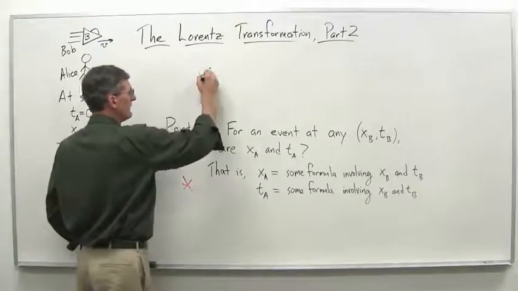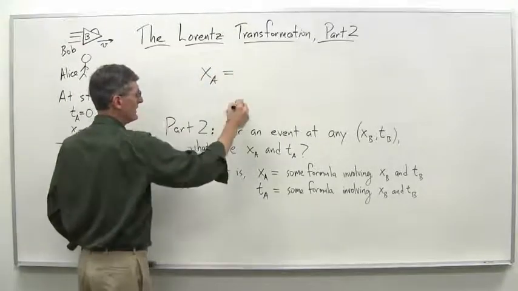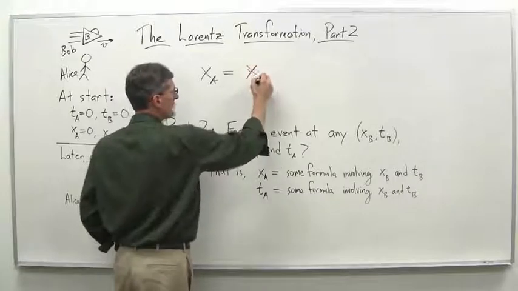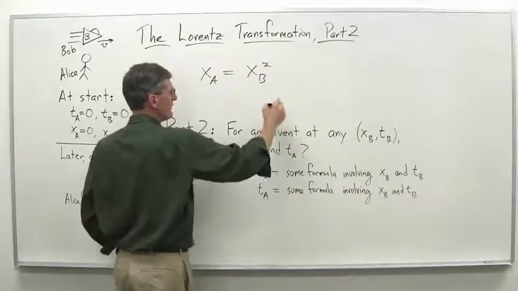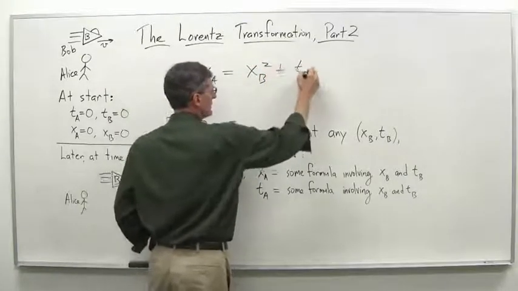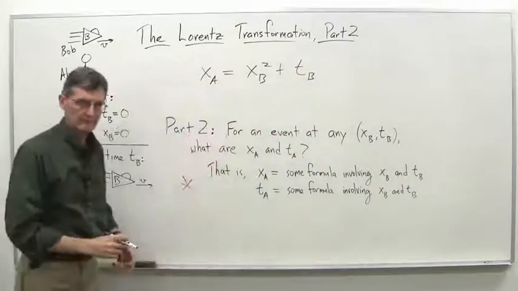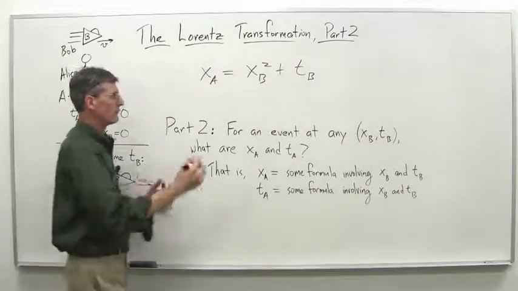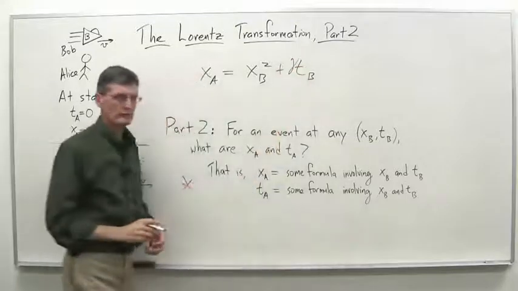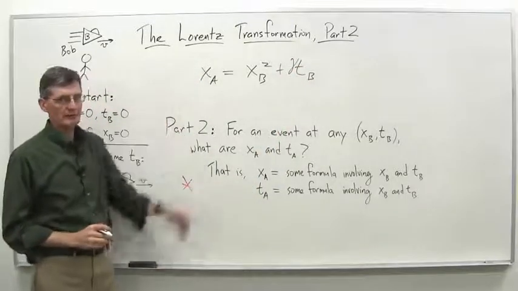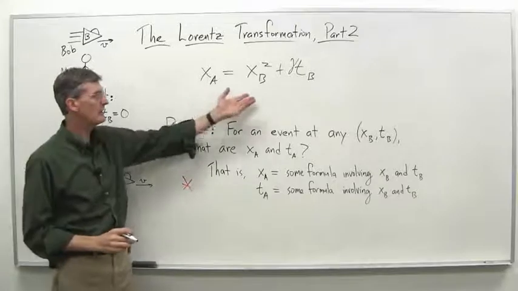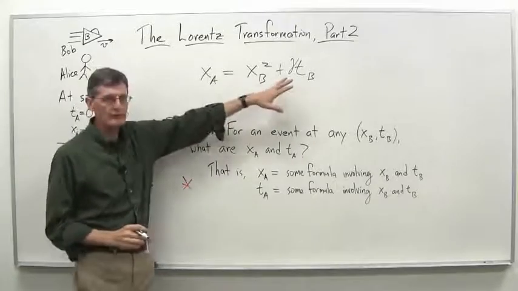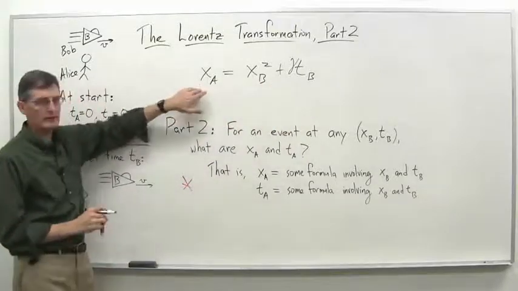What if x_A equals x_B squared plus t_B or something like that? Let's even throw a gamma in there as well. So what if the formula had that form? Given x_B and t_B, multiply all this stuff together, add it together, and that would give us the value for x_A.